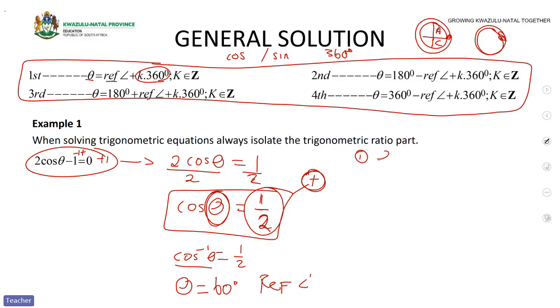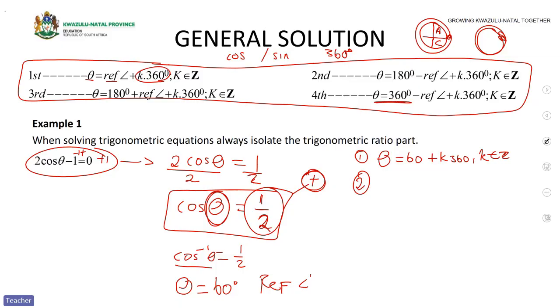The first one will be theta equals the reference angle, which is 60 degrees, plus k times 360 degrees, where k is an element of all integers. So that would be our first solution. Then our second solution will definitely be found in the fourth quadrant, because cos is positive in the fourth quadrant.